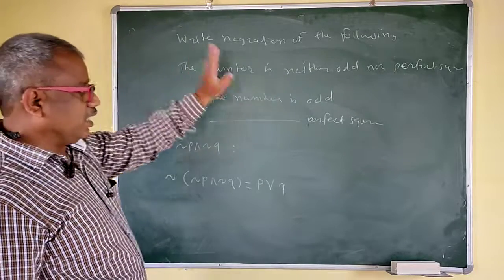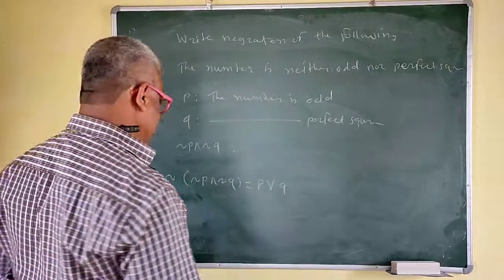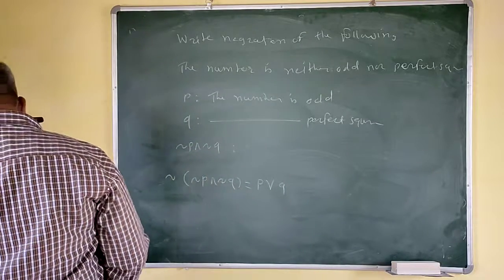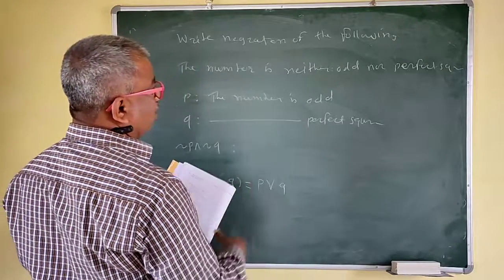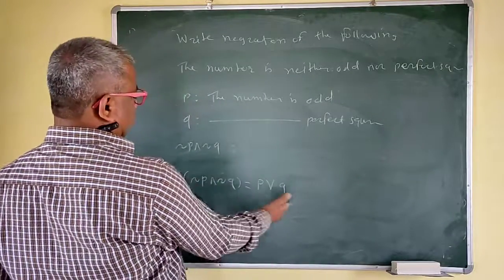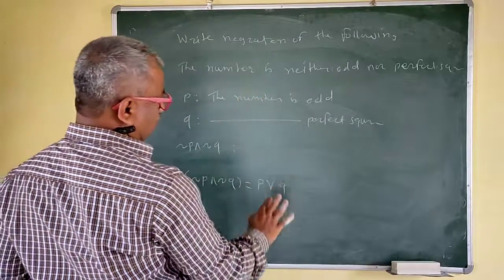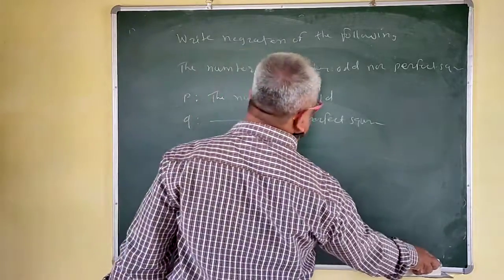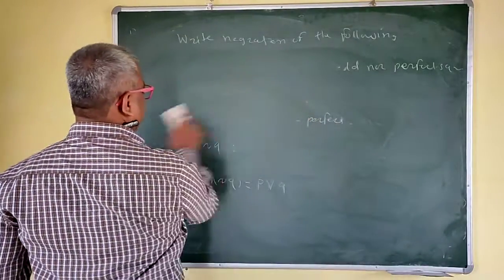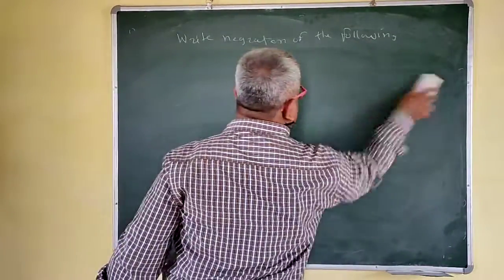That means the number is either odd or perfect square, right? Or if you cannot write the either or, you can write simply: the number is odd or the number is perfect square, just like this. That will be your answer.